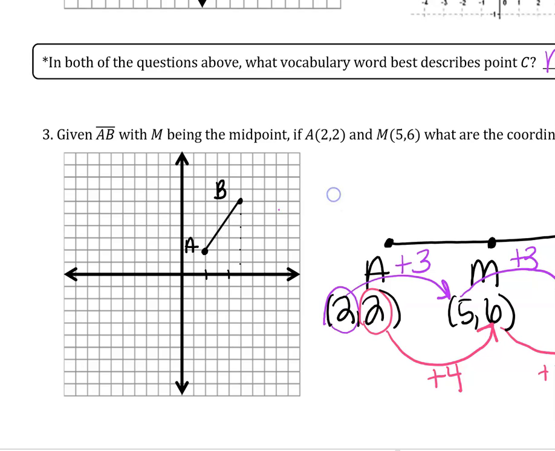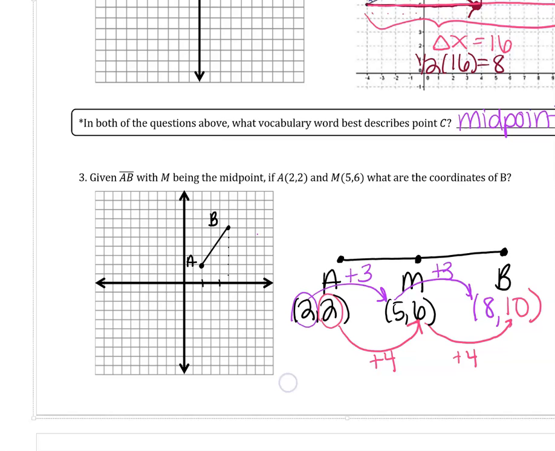Looking at how the coordinates moved is what helps me figure out this method on the right-hand side. It looks like I went right 3, which corresponds to the purple, and then up 4.